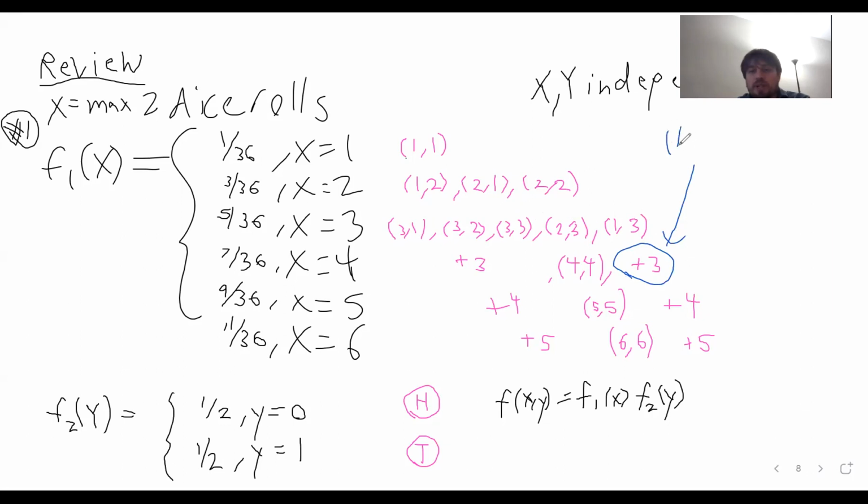So this would correspond to 1, 4, 2, 4, 3, 4. The +3 is saying that I want the maximum to be 4, where the first coordinate is smaller than the second. And so if the maximum is a 4, the larger one has to be 4, and the other one's smaller. And so there's only 3 numbers that are less than 4, right? 1, 2, or 3. So that's +3. Does that make sense?